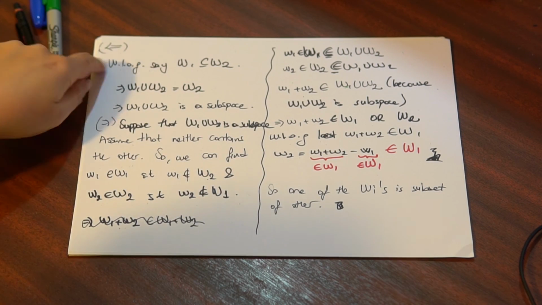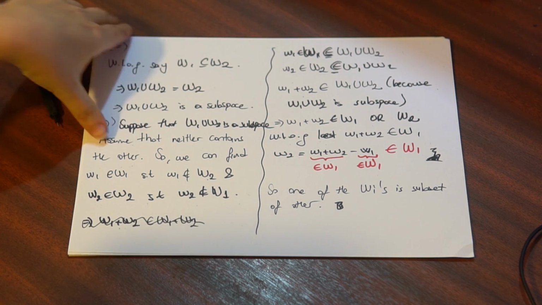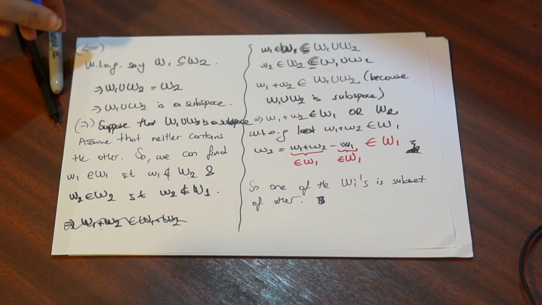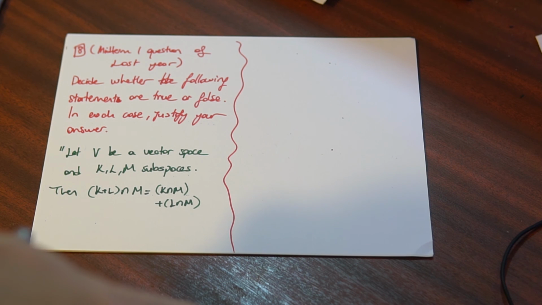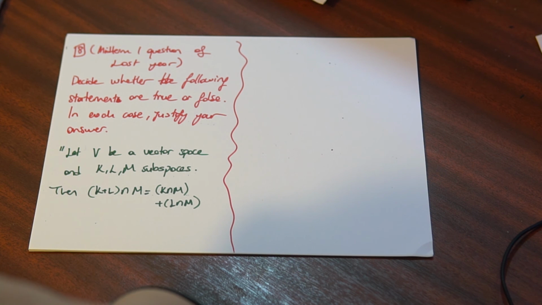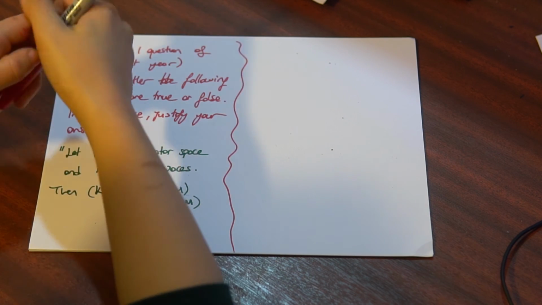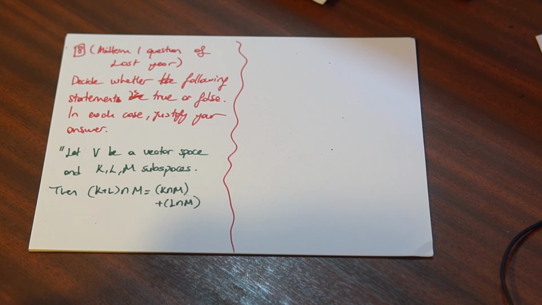So both sides show that this statement is true. The question is again the midterm 1 question of last year. The question is, decide whether the following statement is true or false. In each case, justify your answer.